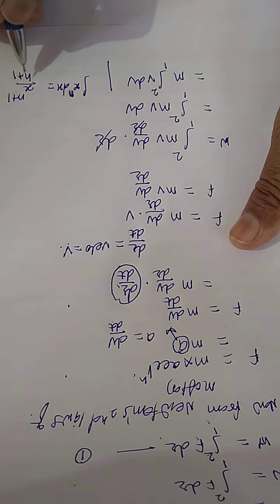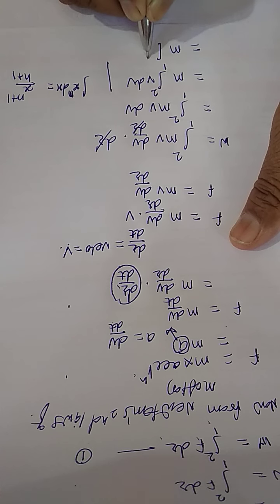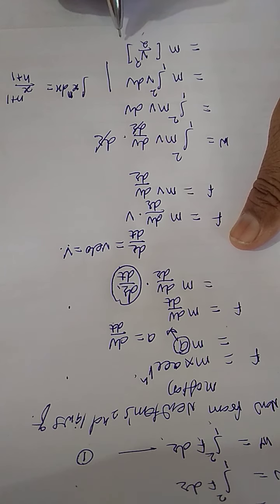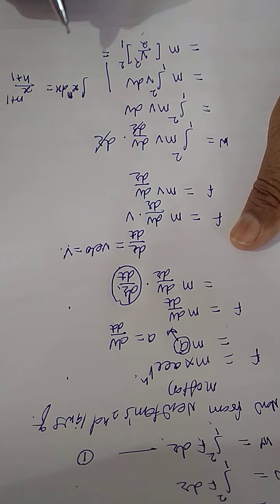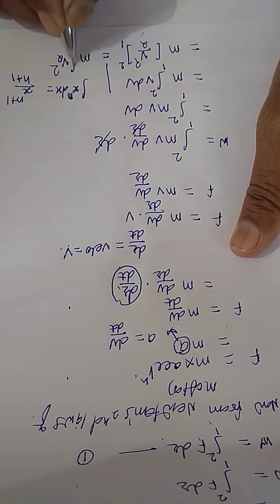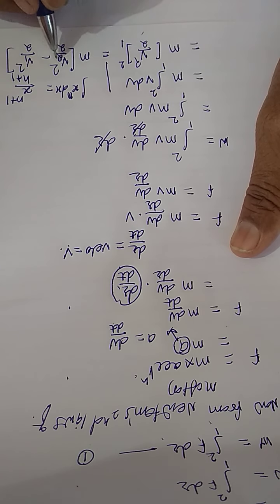Using this result, we get m into the integration of v dv, that is v square divided by 2, between the initial and final position, which is equal to m into, putting upper limit minus lower limit, v2 square divided by 2 minus v1 square divided by 2.